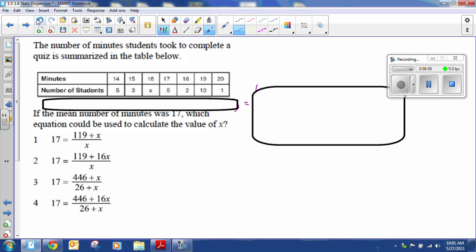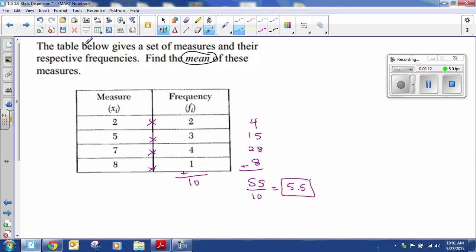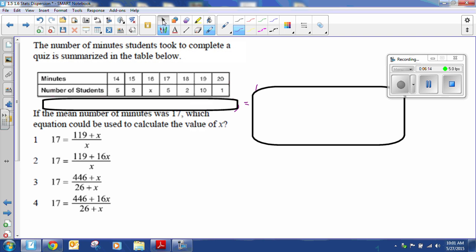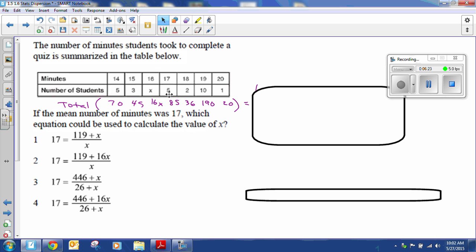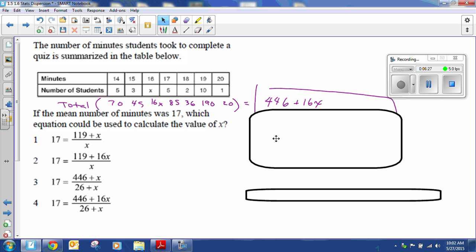We don't know how many students, so that's why we have x here. So just like we multiplied the measure times the frequency, we're going to do that here as well. 14 times 5 is 70, 15 times 3, 16 times x, we'll have to leave that as an algebraic expression, 16x, and the rest are the products here. Now we're going to add all these up, 446 plus 16x, and we're going to divide that by the total number of students. And the total number of students is 5 plus 3 is 8, plus 5 is 13, 15, 25, 26, plus x.